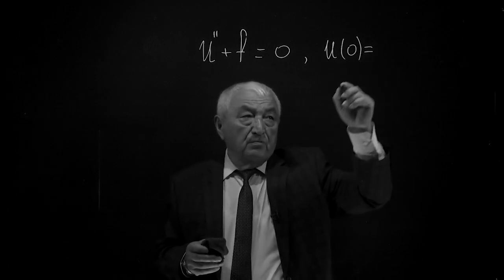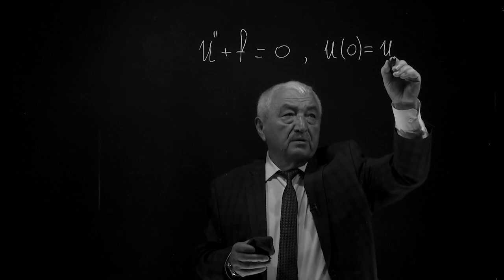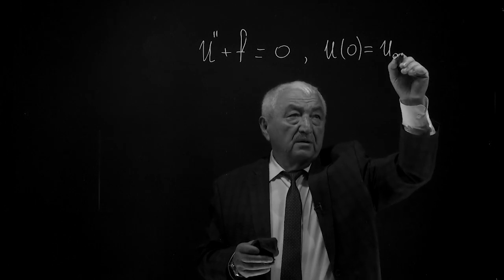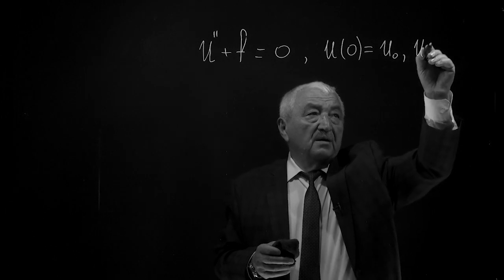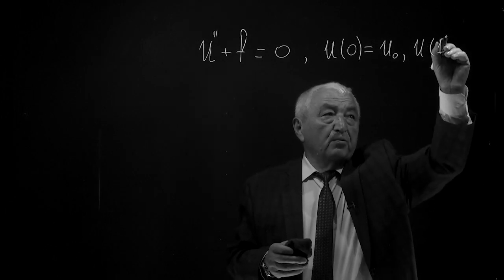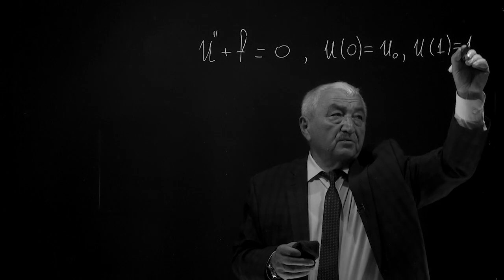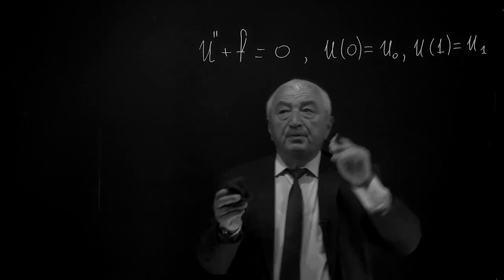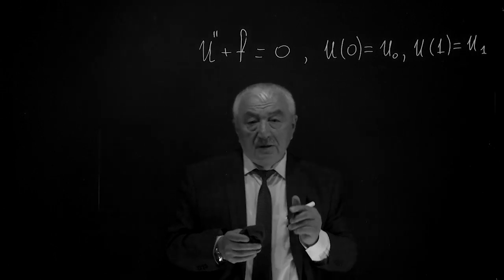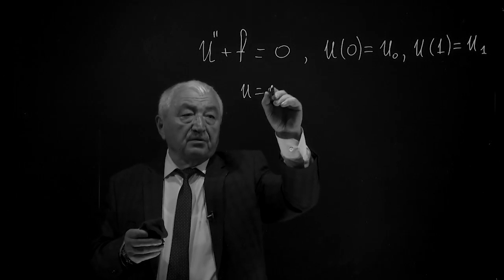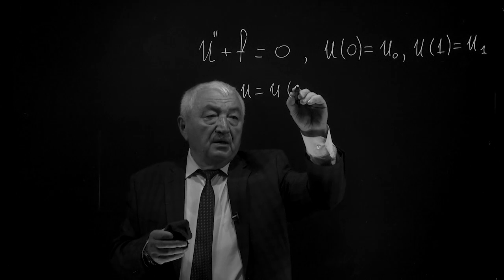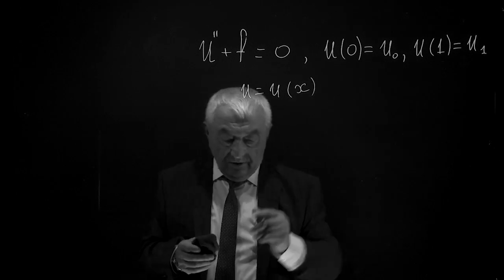The value of the unknown function at point 0 is equal to u0, and the unknown function at point 1 is equal to u1. This is a typical mathematical model with a derivative of a function. f of x is a known function.